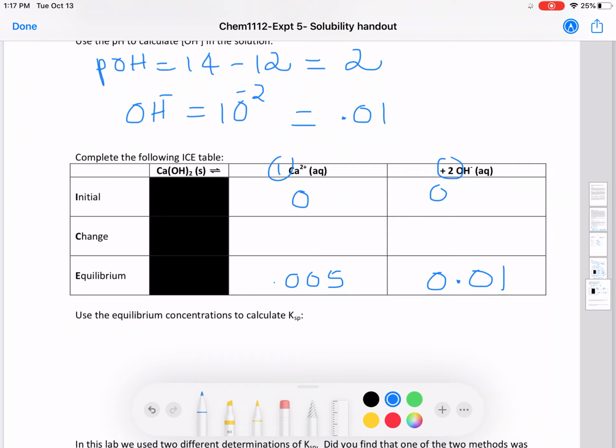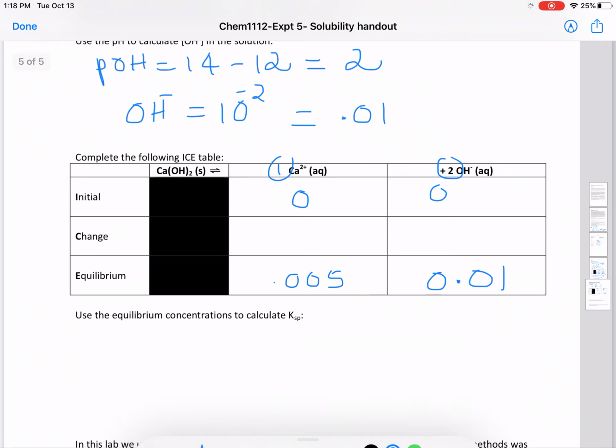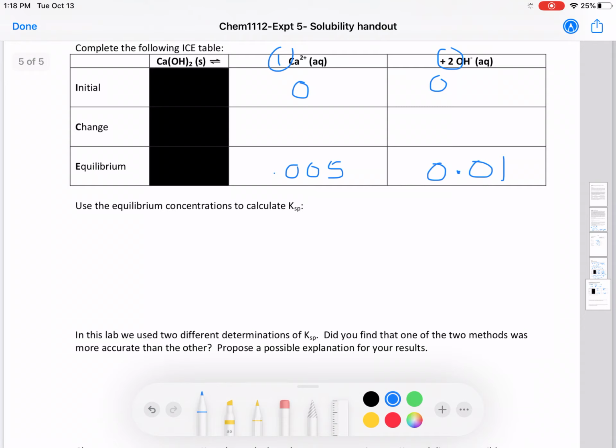Okay, now that you know the equilibrium concentration and hydroxide concentration, we can find out the Ksp. So the Ksp then would be 0.005 times 0.01 raised to the power 2, and then you will write down the answer.